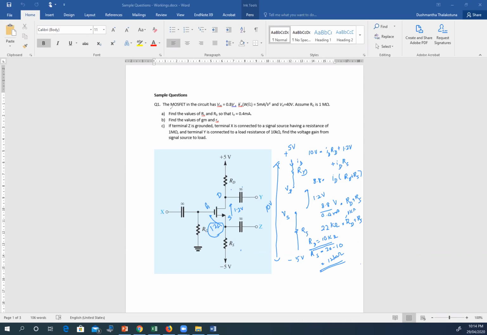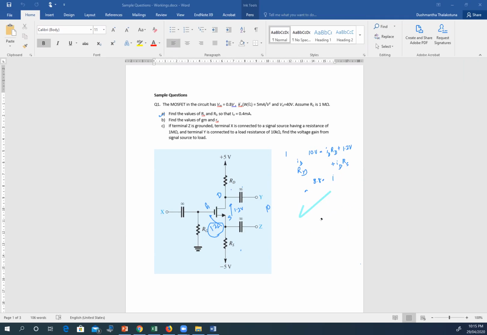So that's part A. Okay, find the values of GM and RO. So let me erase this. So far what we know is, I picked this as 10 kilo ohms, and that became 12 kilo ohms now.